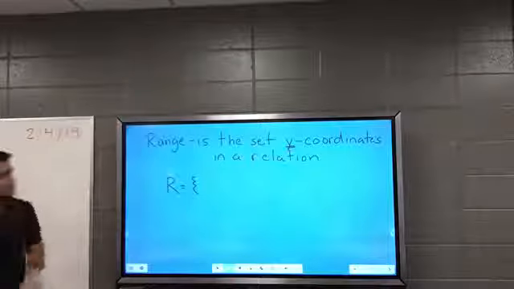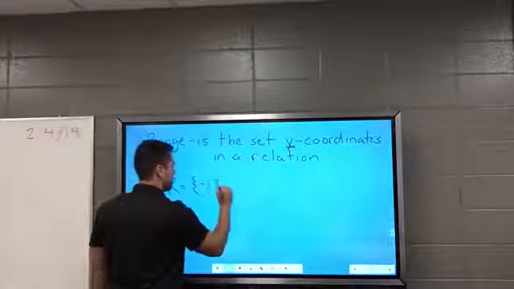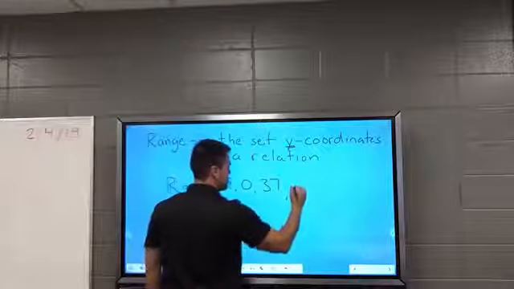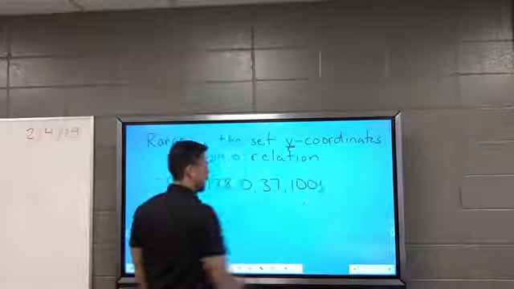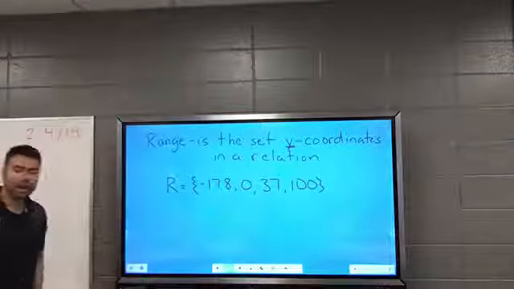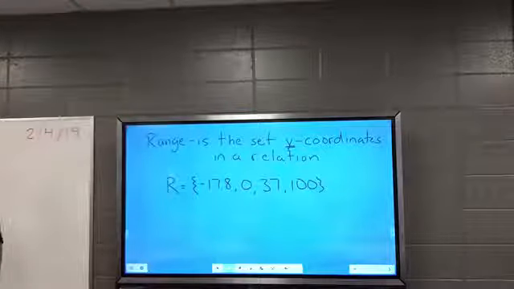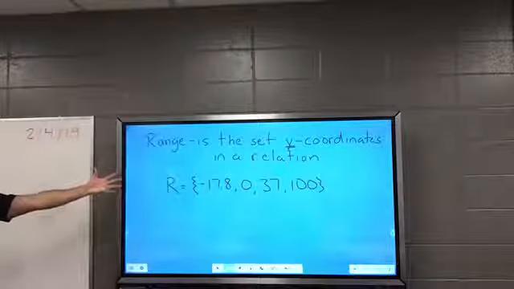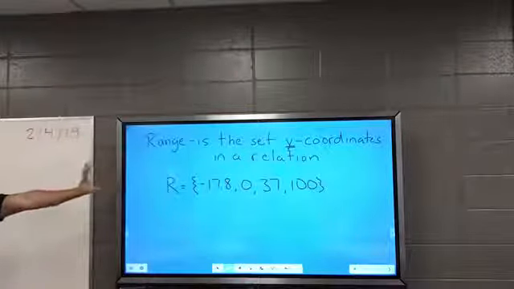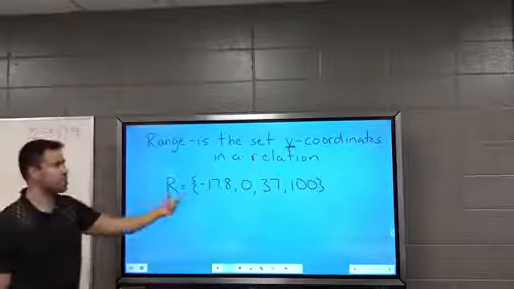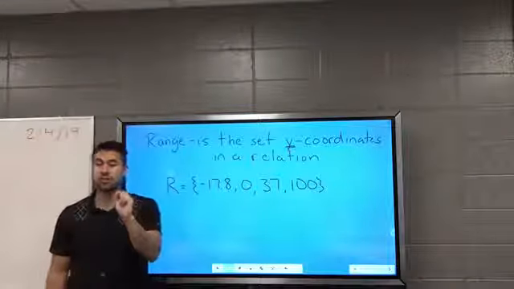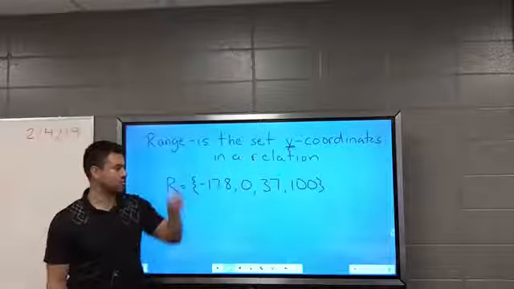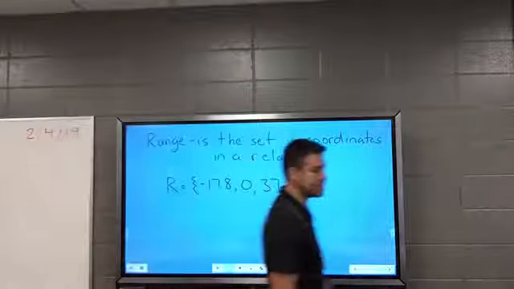Negative 17.8. 0. 37. 100. Okay, is this a set of y coordinates from that relation? Yes. So that's my range. You're going to be doing this, by the way. Is this hard? No. I hope it's not hard. It should be very straightforward. But what you need to remember is x values are the domain, y values are the range. So R is for y values and D is for x values.